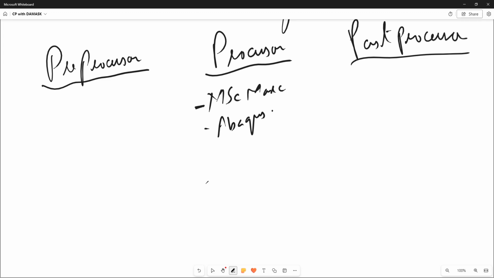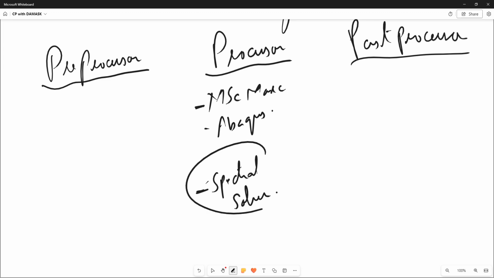And then the processor would be the spectral solver, right? When we talk about DAMASK standalone, for example, in your case, we will specifically be talking about using DAMASK with the spectral solver. Even when you will be using DAMASK 3, we will still be talking about using DAMASK with the spectral solver. We will not talk about other processors, right? So let's focus on this.